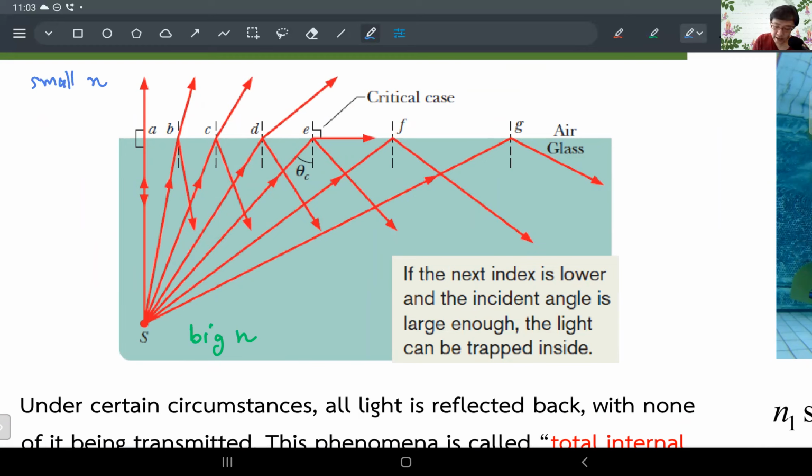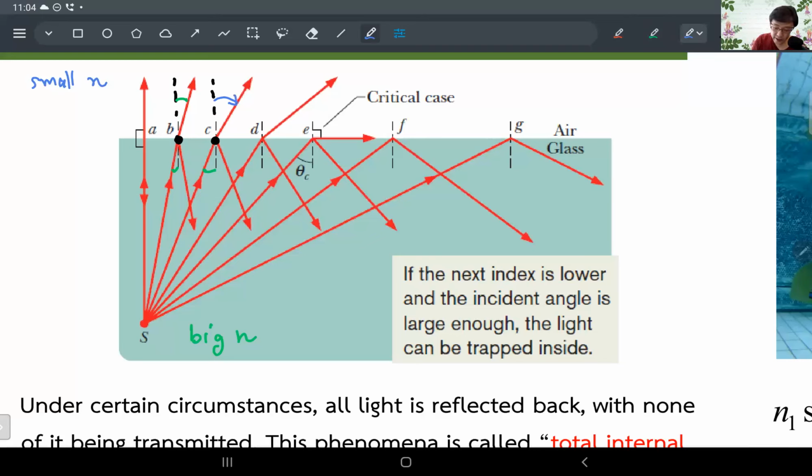We already learned that if the light hits the interface, the refracted ray will bend in the direction away from the normal. So the outgoing ray will have an angle bigger than the incoming ray. Now if you keep increasing the incident angle, your refracted ray will get even bigger because it has to bend away from the normal.